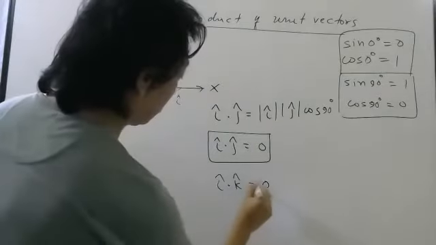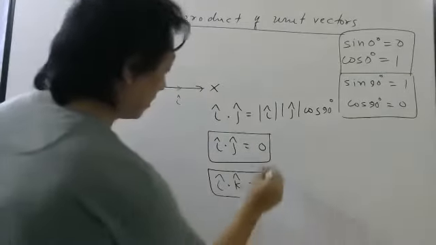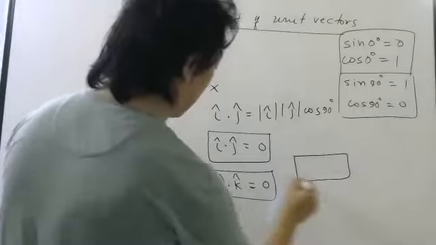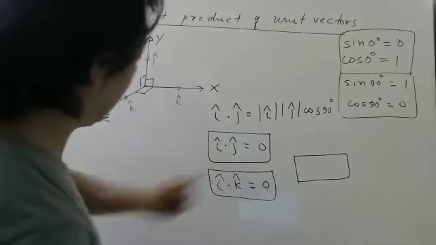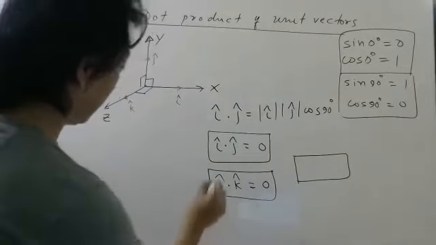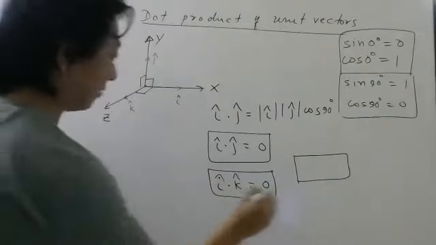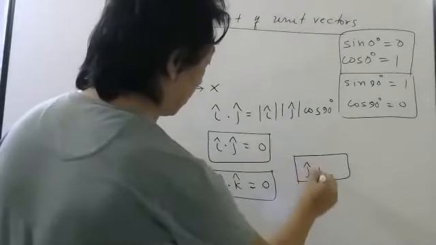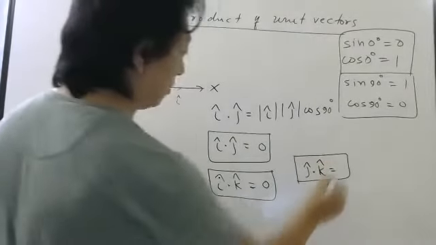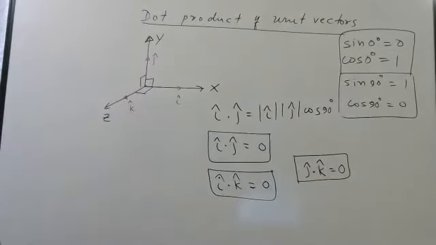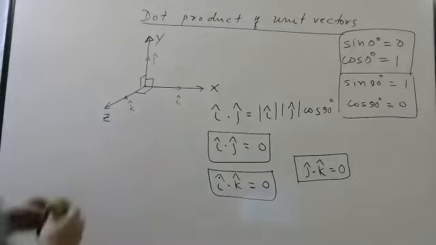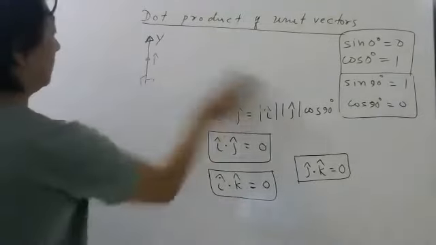So this will be also 0 for the same reason. And another one, what is left? I j I did. I k I did. Then what is left? J and k. So j cap dot k cap is also 0. Fine. So keep this in mind.